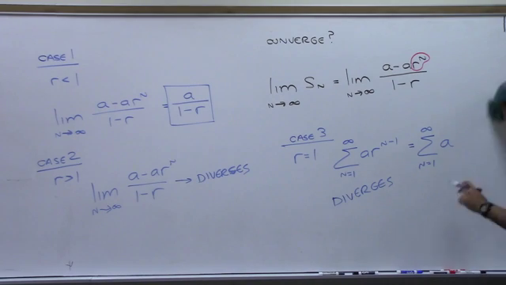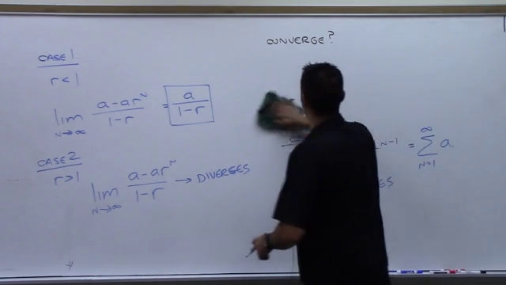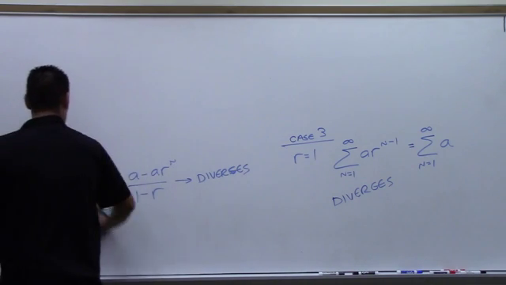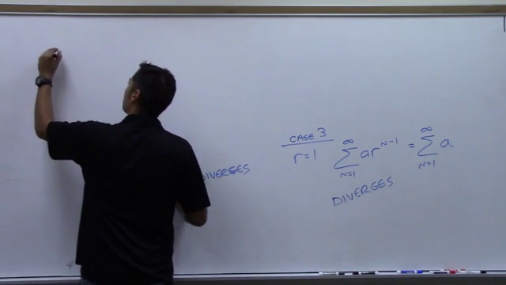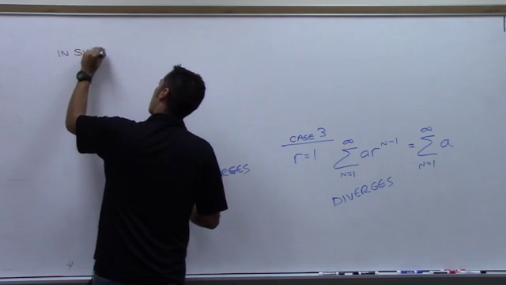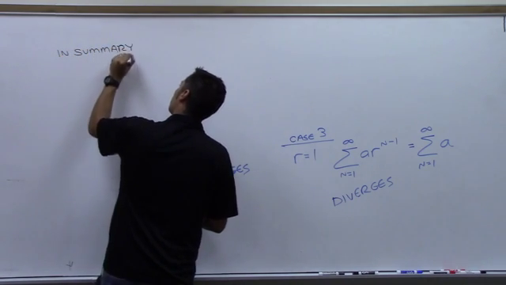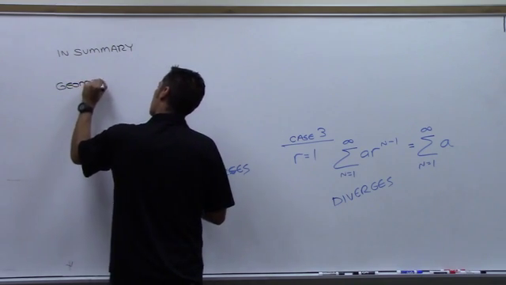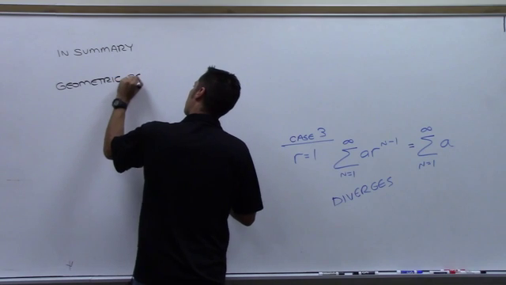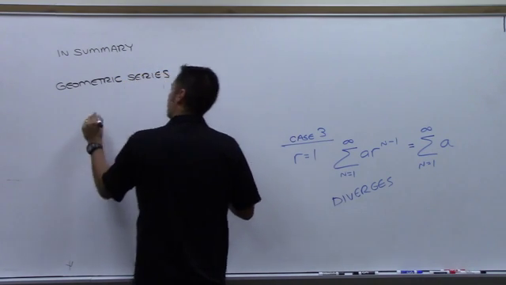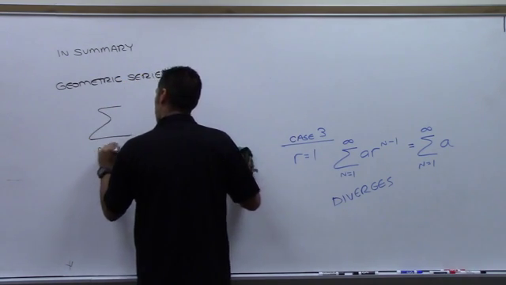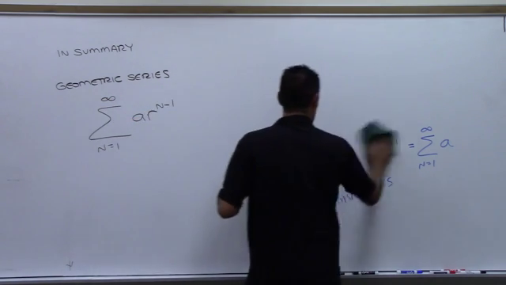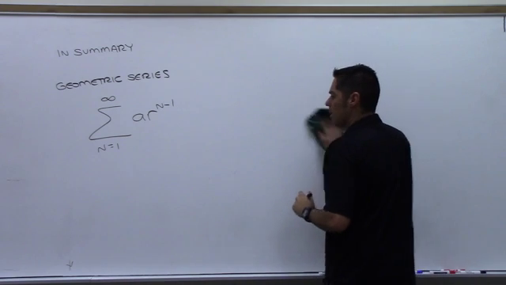With that in mind, I'm going to summarize. In summary, for a geometric series, the sum from n equals 1 to infinity of a r to the n minus 1 is going to do one of two things.